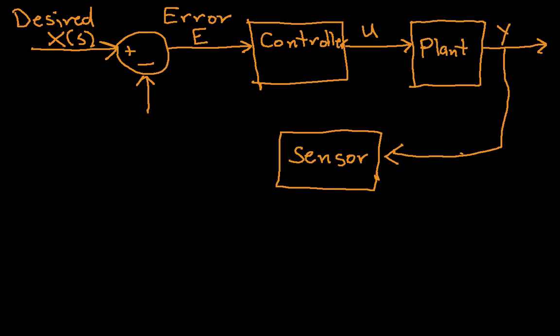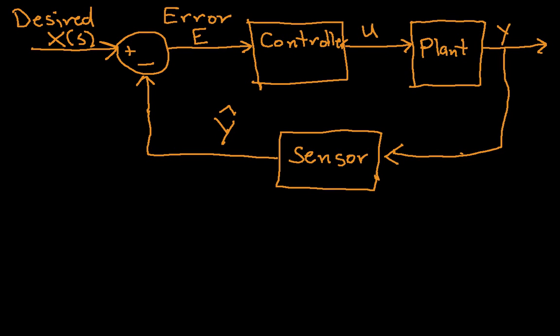And when we measure it, there may be errors involved. It may take the sensor time to settle down to a correct measurement. So the idea then is that the sensor gives us something that we'll call y hat, which is in some sense our best guess about what the output of the plant is.